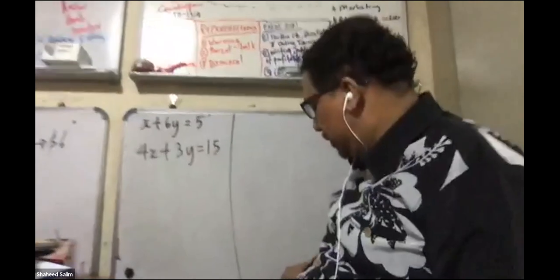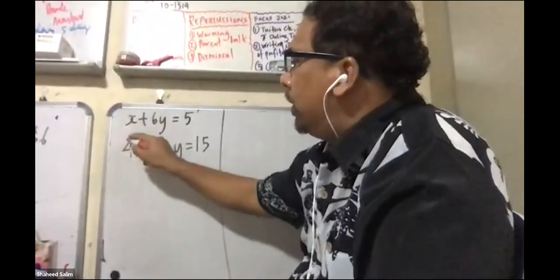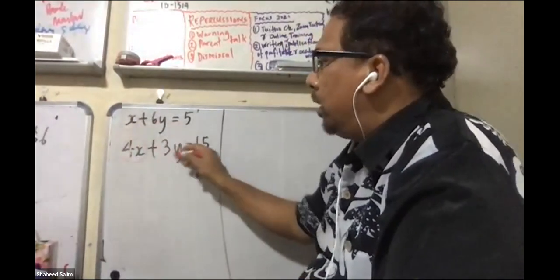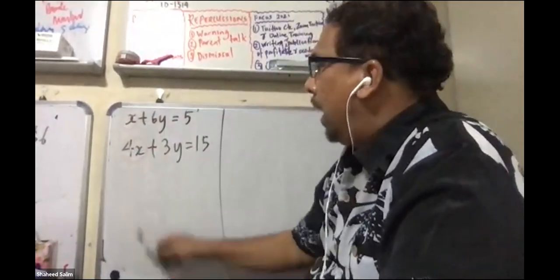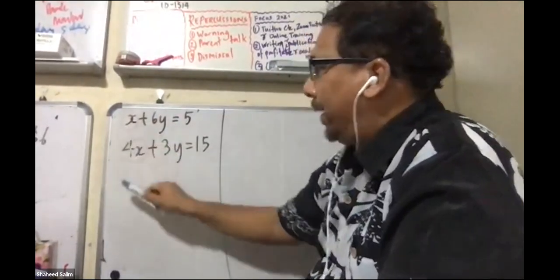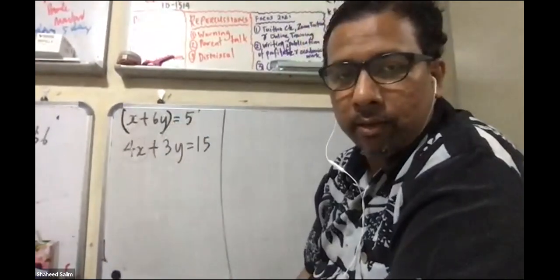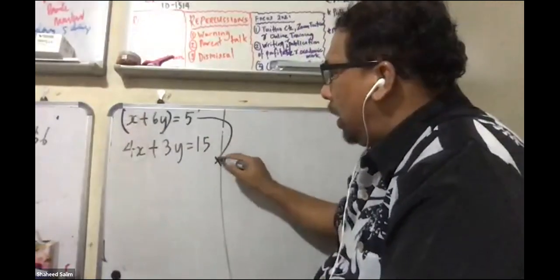This is 4x, this is x. You must make it the same. Now tell me how to make this into 4x. You times the whole thing by 4. So down here, times by 4.